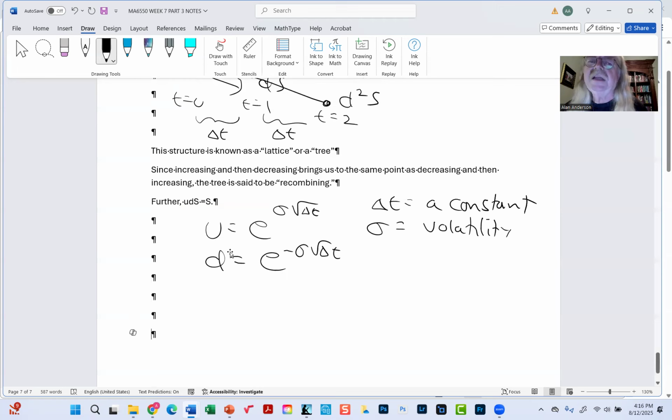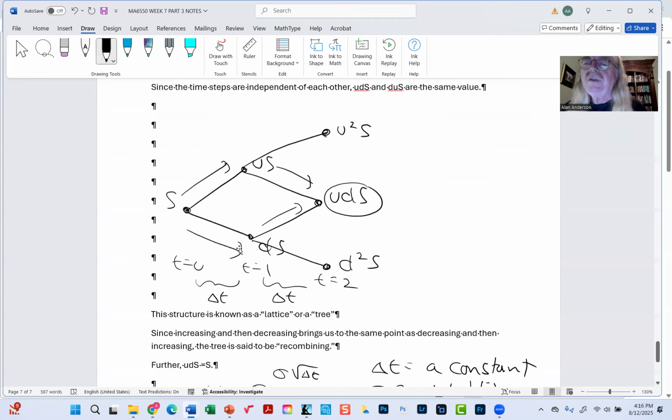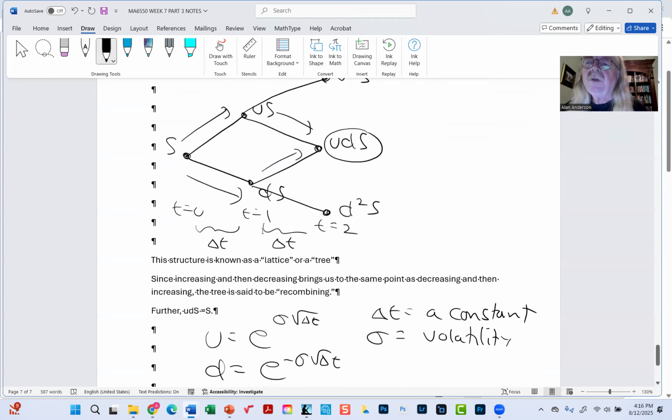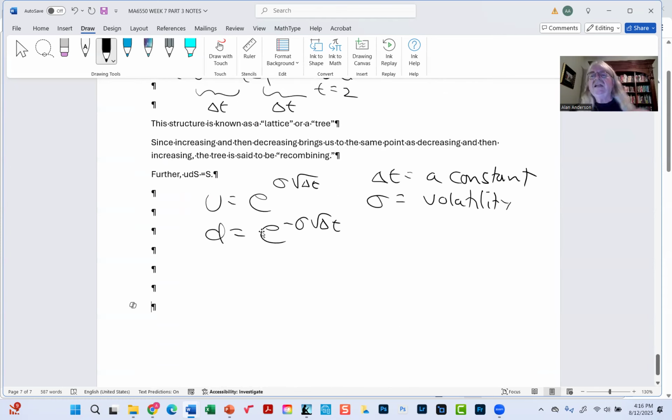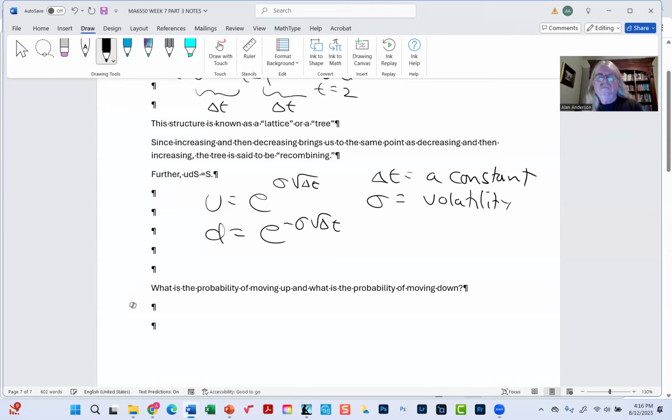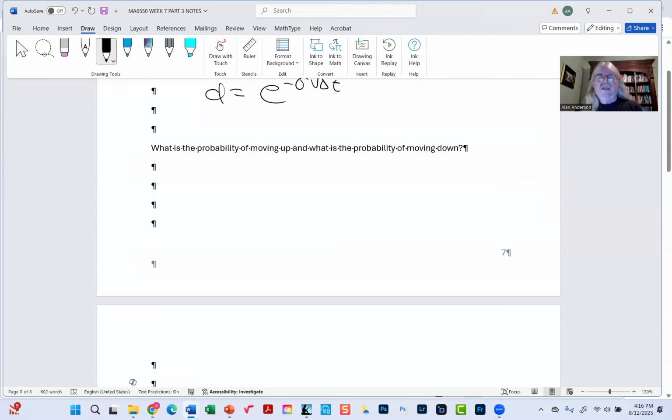Now, what about up and down? Well, in order to fill in this model, we need probabilities for getting up and down. And that's where all the complexity comes in. All right.